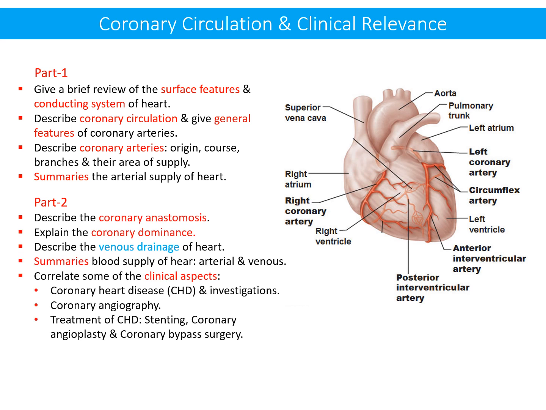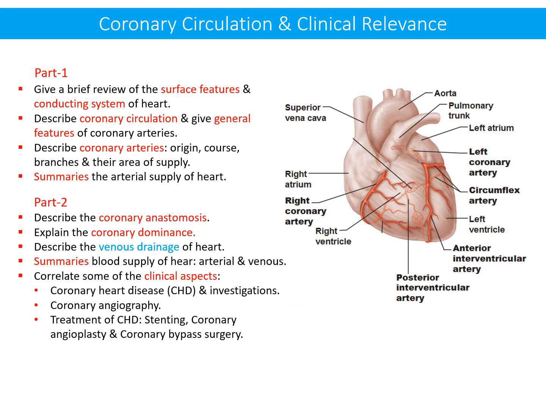In part 2, we will discuss the coronary anastomosis, coronary dominance, and venous drainage of the heart. At the same time, the participant should be able to summarize the blood supply of the heart, that is arterial and venous, towards the end of the lecture.